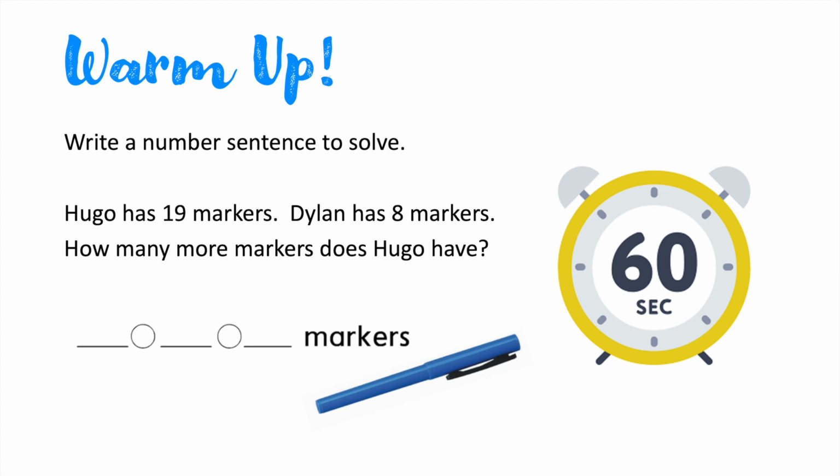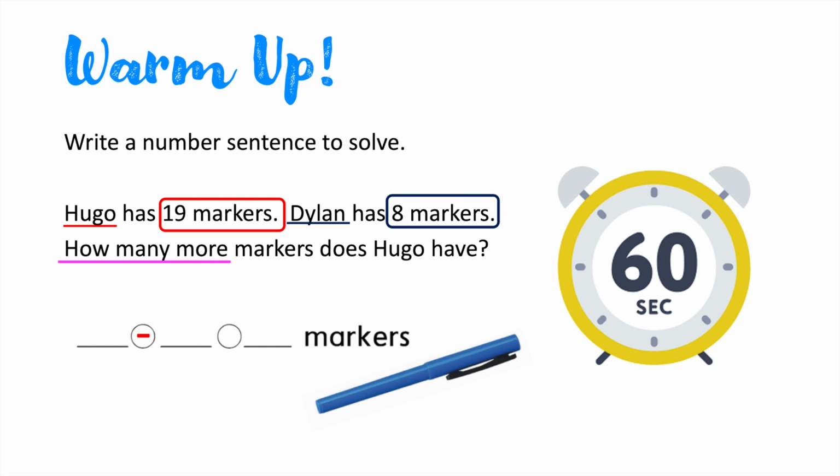And time's up. All right, let's quickly check the problem. It's about Hugo and Dylan. Hugo has 19 markers, Dylan has 8 markers. Then the question is, how many more? And last week we learned that when we're saying how many more, we're thinking compare and it's subtracting.